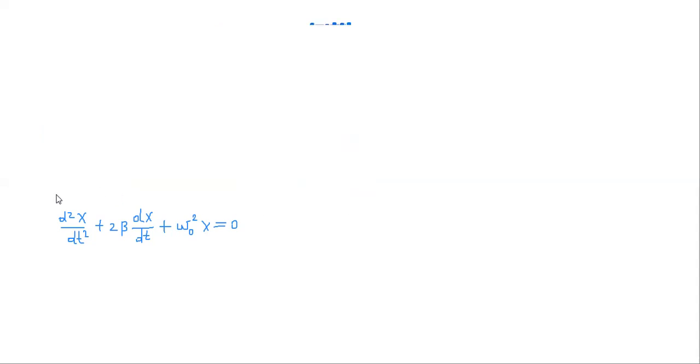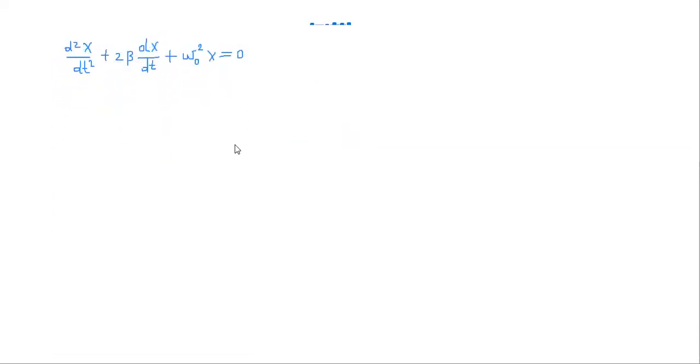Let's try to solve this equation. First of all, we can try to make a substitution in this equation: x is equal to gamma multiplied by y.